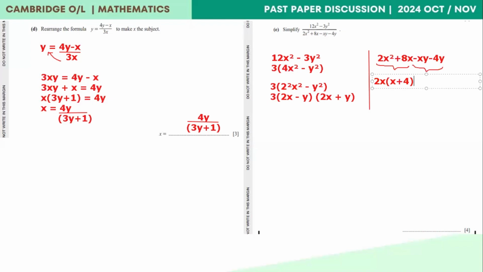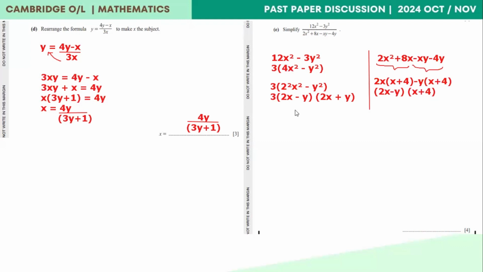For the other two, we have a common minus y, so outside we'll have minus y and inside the same x plus 4. So I hope that's clear. The final factorized answer would be 2x minus y and x plus 4.